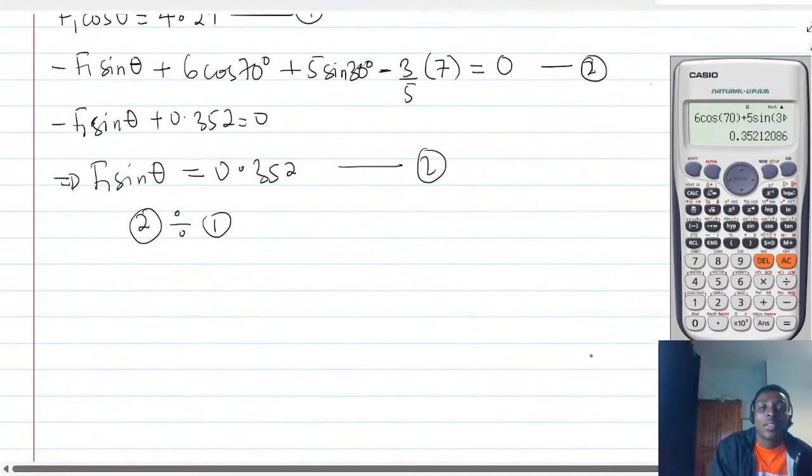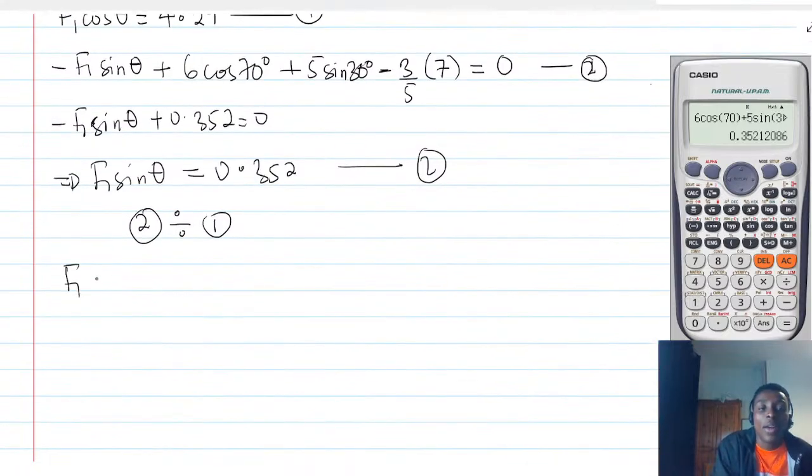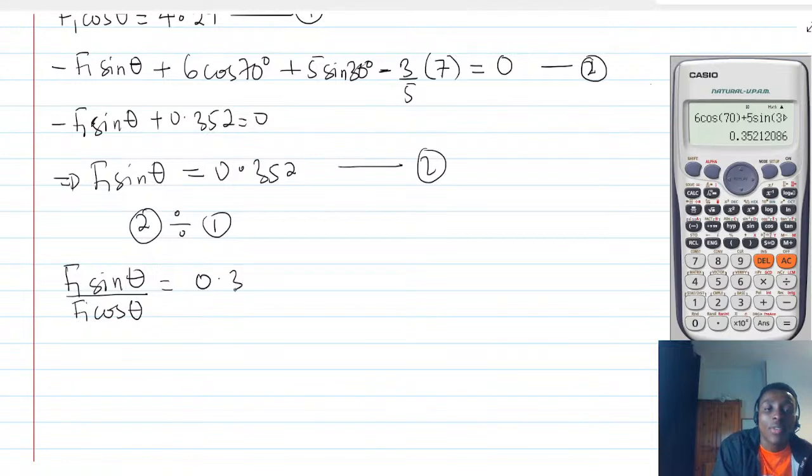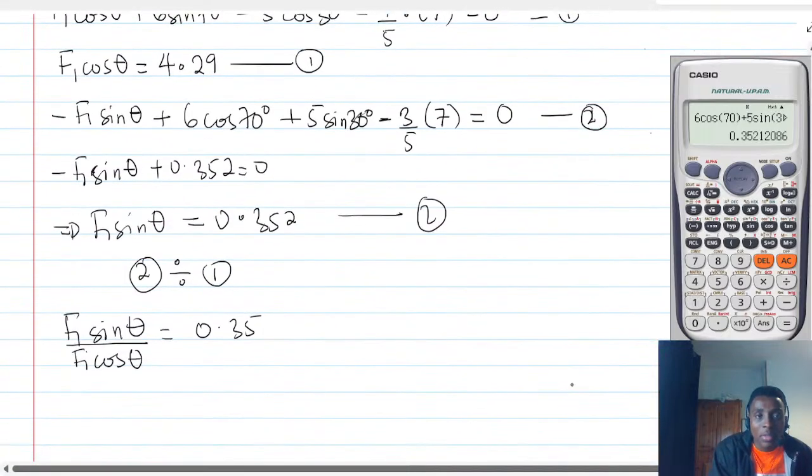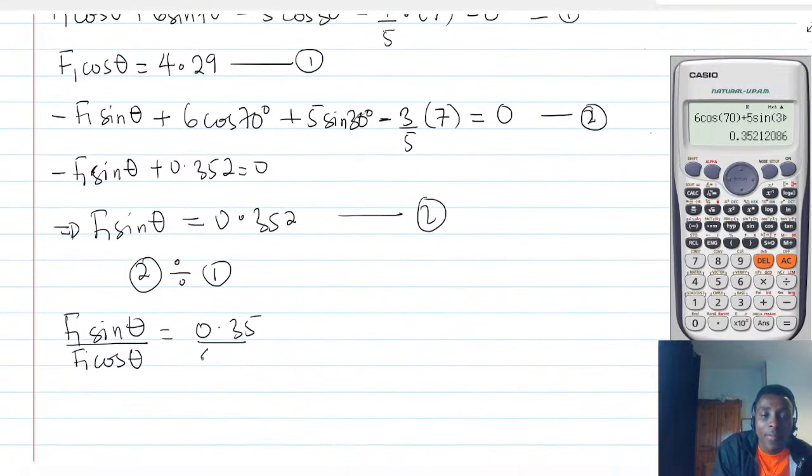And what is that? F1 sine theta over F1 cos theta should be equal to what? 0.35 divided by 4.29.